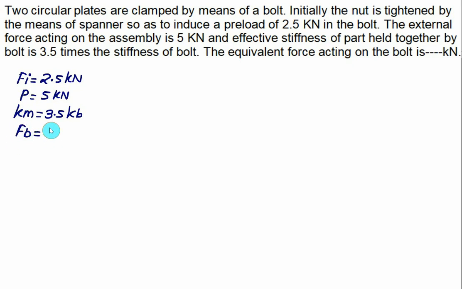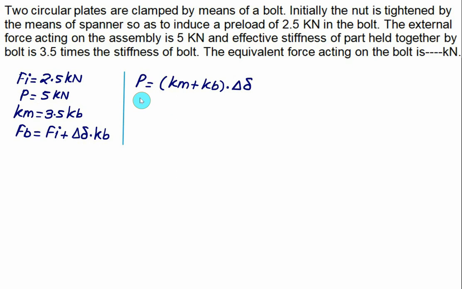Fb value is equal to Fi plus delta multiplied by stiffness of the bolt. Since he has given the value of P, the external load is due to the sum of the force contributed by member plus bolt, that is the value of Km plus Kb multiplied by delta.